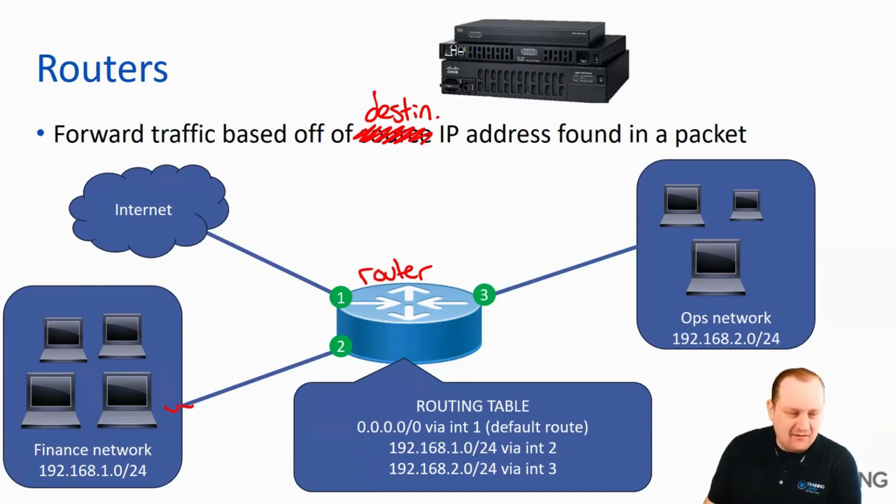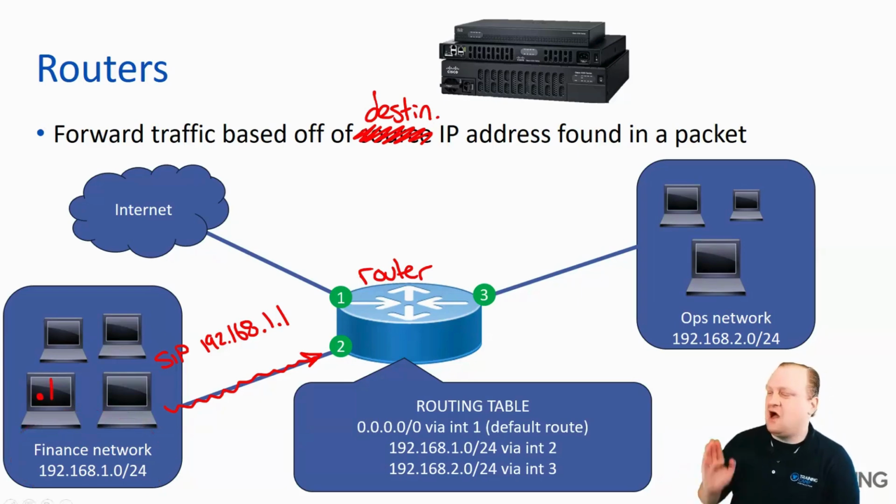So if traffic comes up this wire and it says source IP 192.168.1.1, that's part of this network, part of the finance network. It's one of those computers, maybe this guy. And it is trying to go to, we'll say, this ops network above me, destination IP 192.168.2.2.